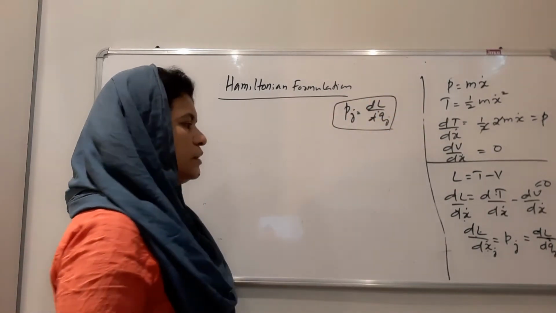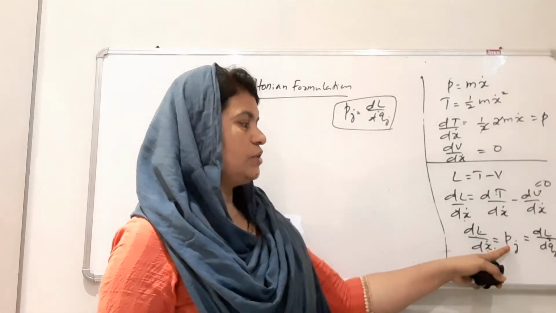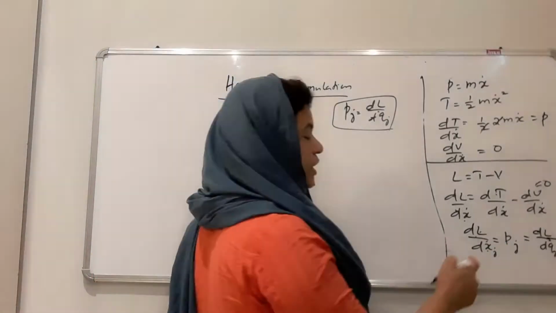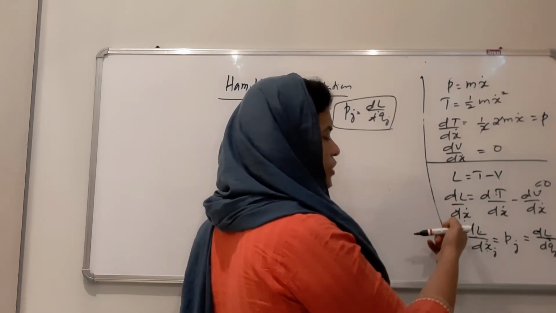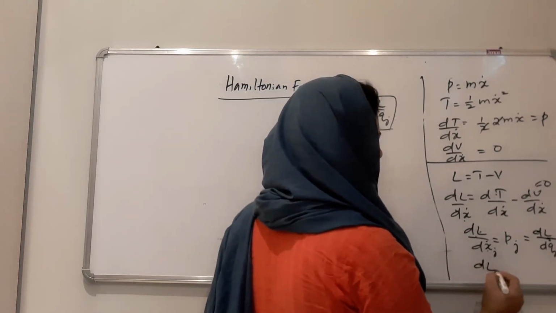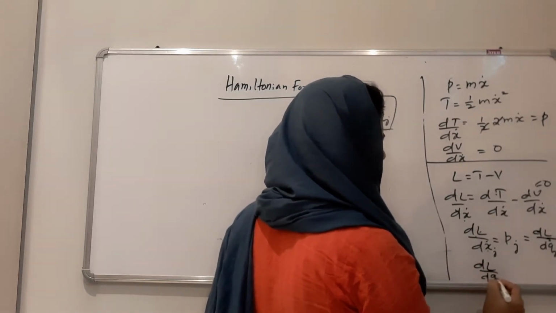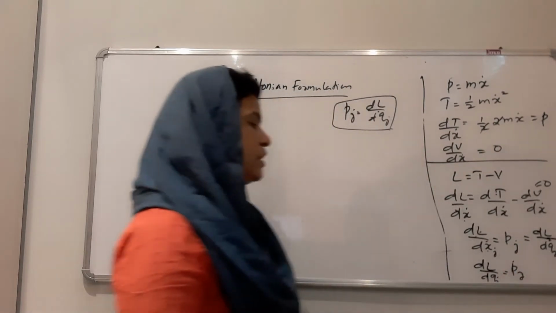In a similar manner, we can differentiate L with respect to x. Here we differentiated with respect to x dot. If we differentiate with respect to x, we get dL by dx, or dL by dqj, is equal to pj dot. That is, we get m x double dot.